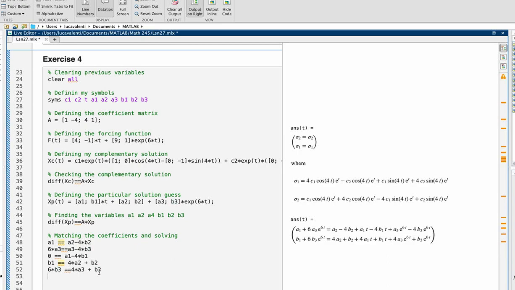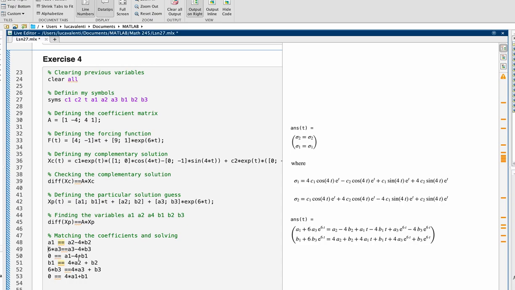And then finally we have the ones with the t. There's no one with the t on the left, so I'll just put 0 is equal to 4 times a1, that's the first one with the t, plus b1, and we have any other t? It doesn't look like it.